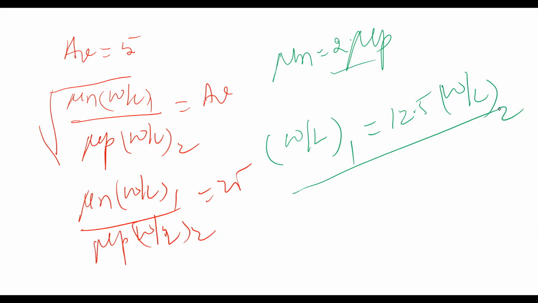So M1 is strong, M2 is weak. That is the statement I already passed to you. To get more gain, load should be weak, driver should be strong.